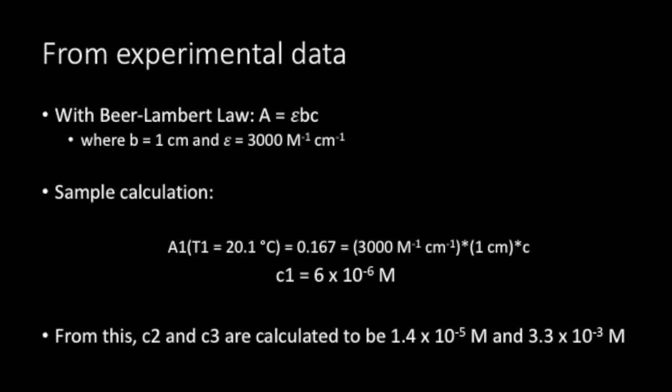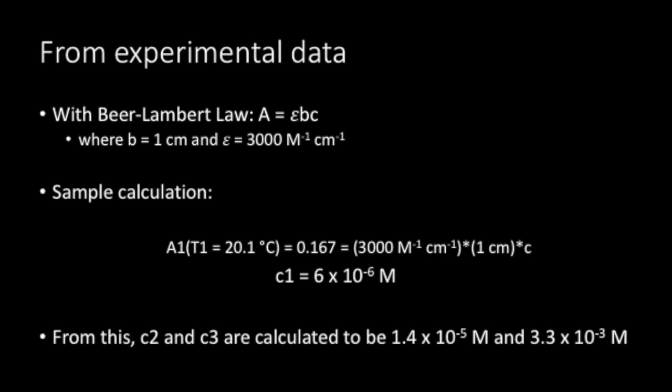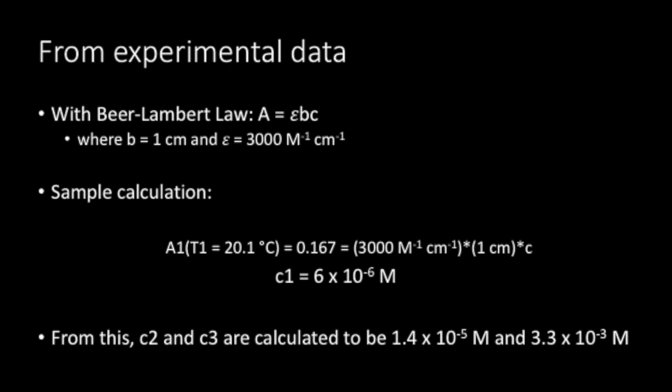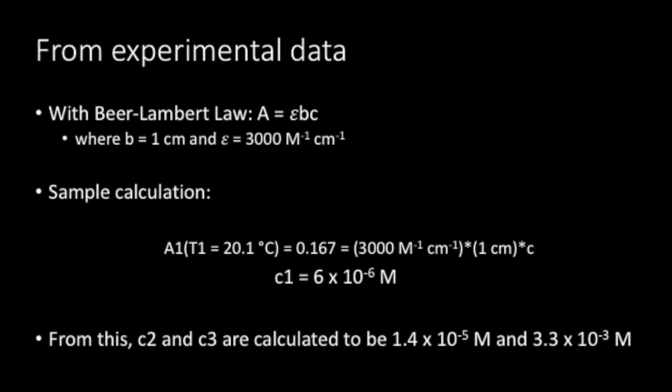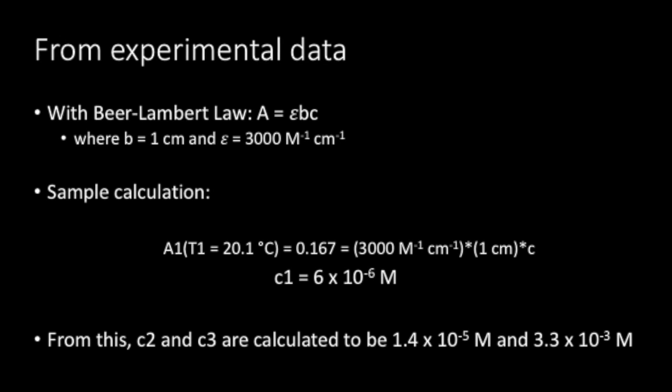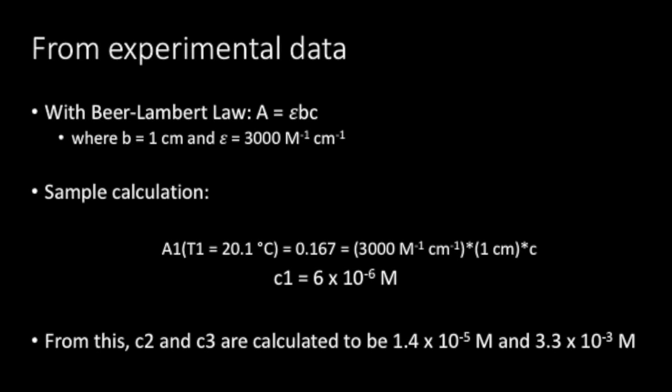In this equation, A stands for absorbance, epsilon is the molar absorptivity of the solute in solvent, B is the path length, and C is the concentration of the solute. We have set the path length to the standard 1 cm since our cuvette used was standard.